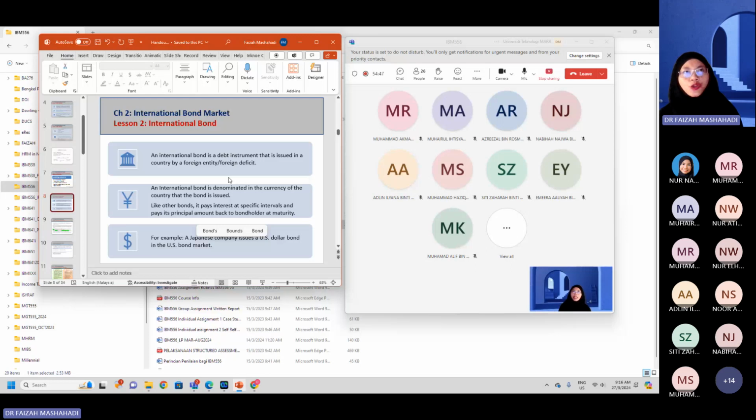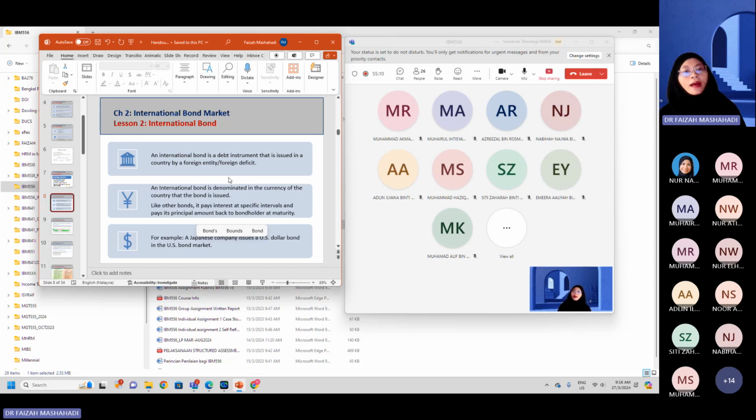If Apple issues 1 million ringgit Malaysia in Malaysia, because that will be denominated in our currency, that bond is known as an international bond because it involves a foreign entity.